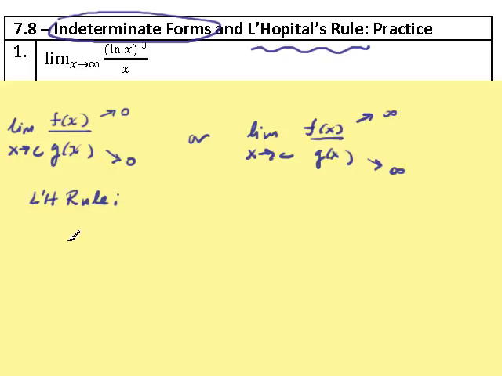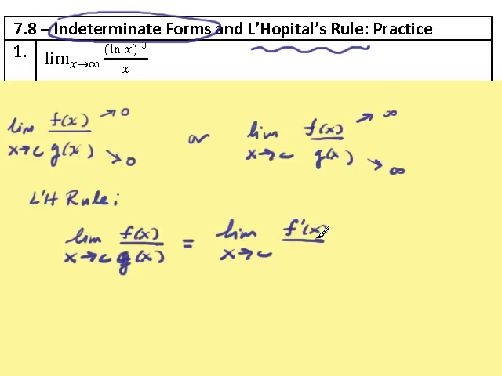So L'Hopital's rule says, under certain conditions, the limit as x goes to c, and that can be x going to infinity, of f of x over g of x is equal to the limit as x goes to c of f prime of x over g prime of x. And we must start with an indeterminate form.